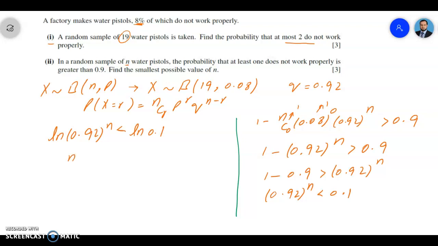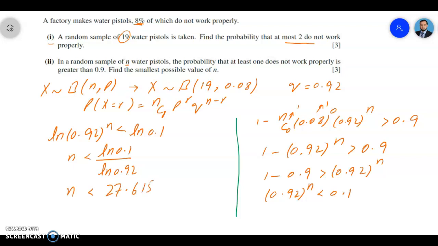So n is less than ln of 0.1 over ln of 0.92. Solving this using the calculator, n is less than 27.615.